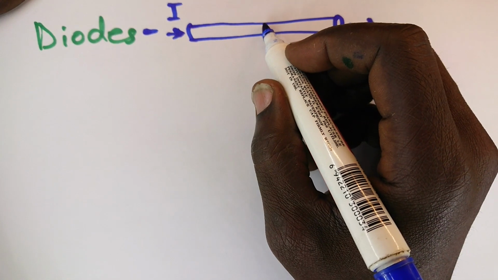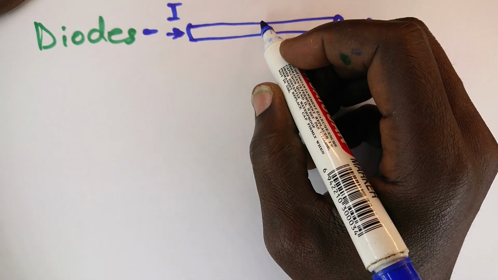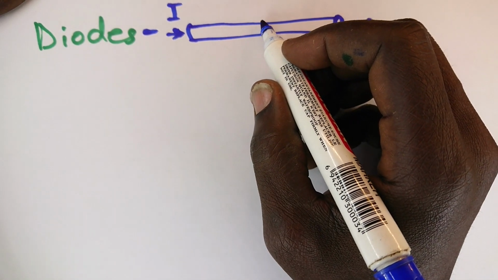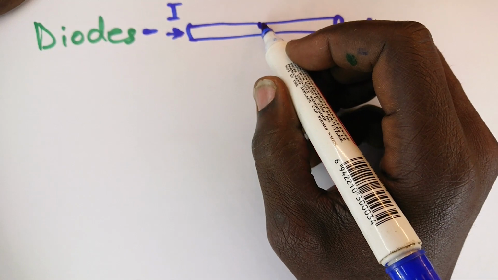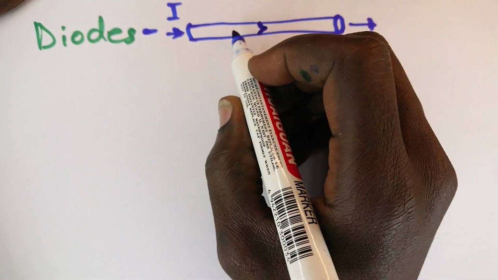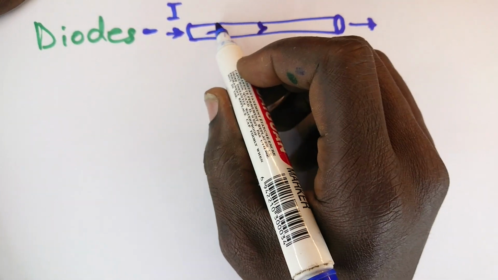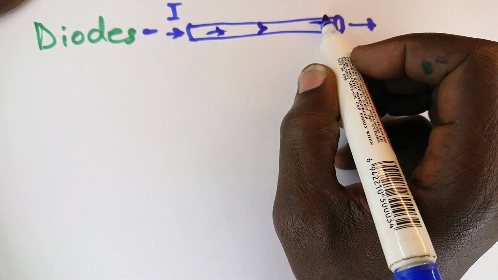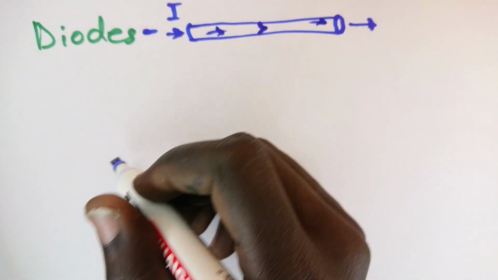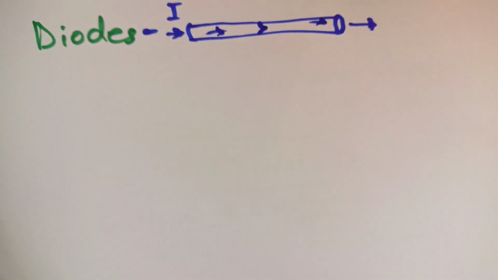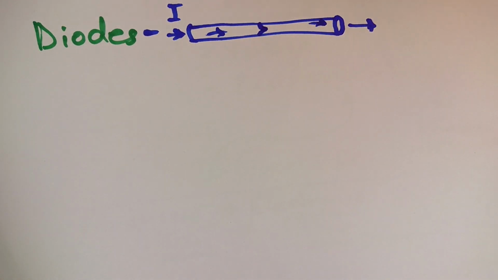However, if there was some sort of enclosure right here, let me call it a valve, when you pour water and push it in this direction, it will pass through this valve without being allowed to return backwards. So that is basically what a diode is. You want power to flow in a certain direction, but not the opposite direction.